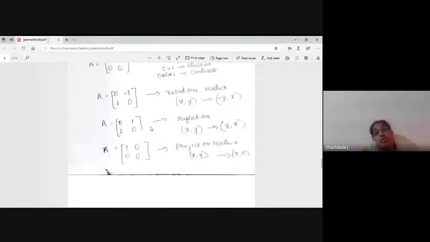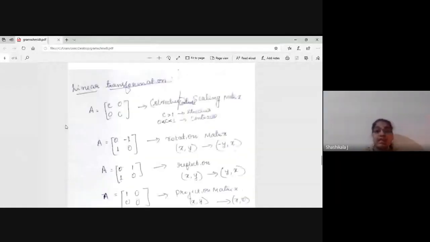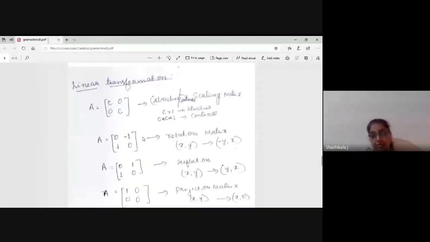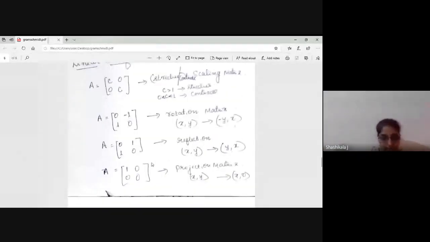Okay. Next, one more important thing you have to remember for the exam. This might be useful for your quizzes also. They may ask what is the scaling matrix, what is the rotation matrix, but in the class I have explained how it is obtained. So it is 0, 1, minus 1, 1, 0.